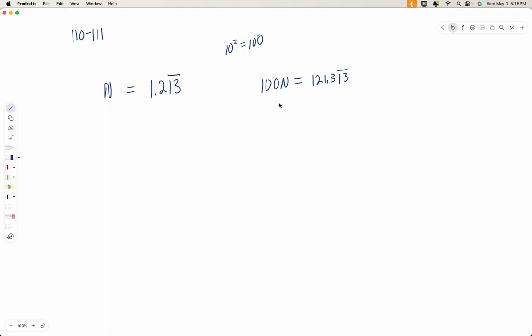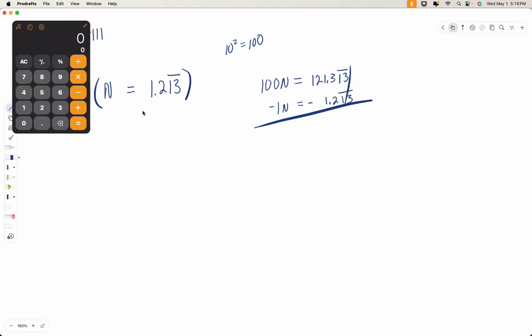And then we multiply that by -1. So then that gives us -1n is equal to -1.213 repeating. We're going to use elimination. That cancels these two. And then we subtract. We get 121.3 minus 1.2.